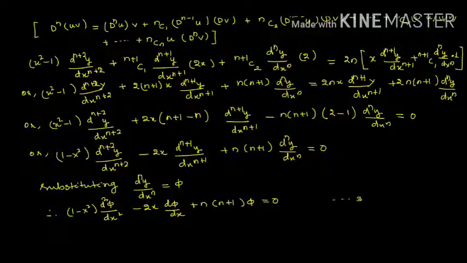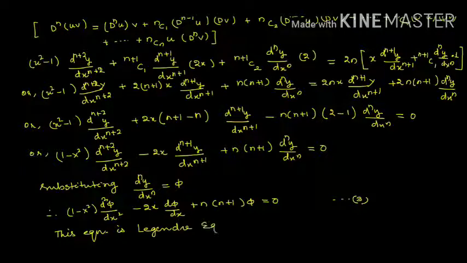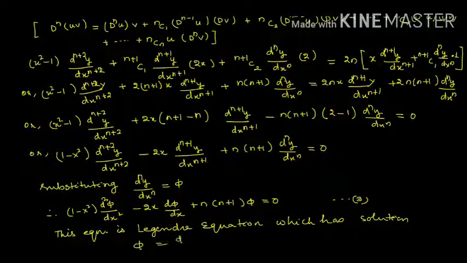So this is equation 3. This equation is called Legendre equation, which has solution phi equal to dn y by dxn.